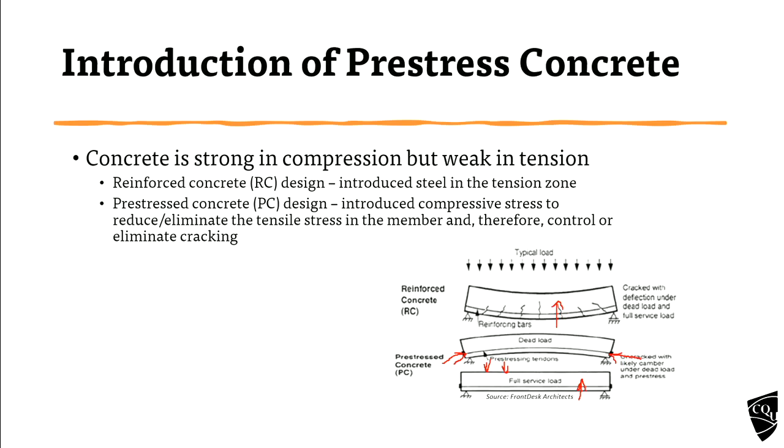So we try to eliminate the cracks in the tension zone. We don't want to have any cracks, because with the less deflection we should be able to do that. So we try to reduce the cracks because we already know the deflection is less.